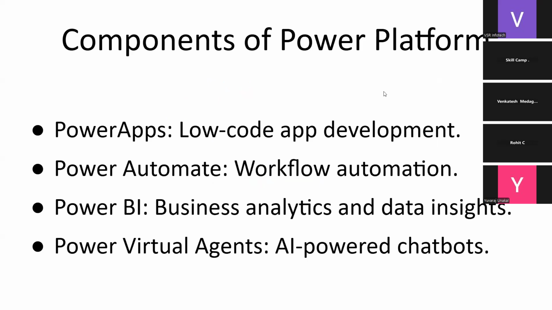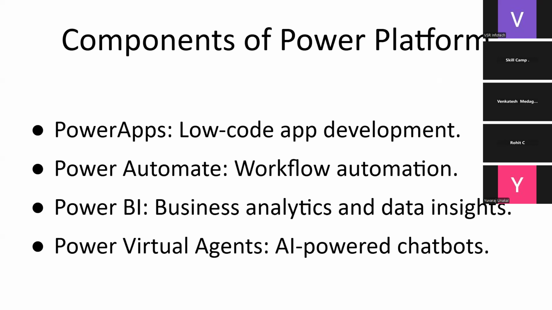Now we'll come back to the components. So you would have a high level idea right now of what Power Apps is used for. It is basically a low code app development tool. So you don't need to write tons and tons of lines of code to even develop a single function. You can do that with just dragging and dropping. That is what Power Apps enables you to do.